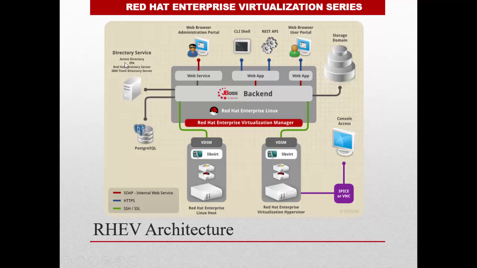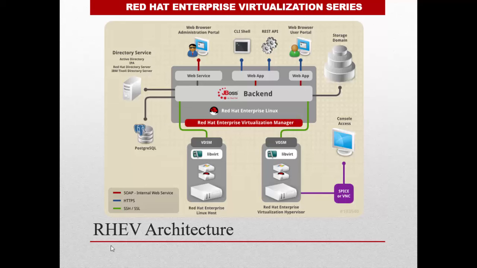Active Directory, IPA, Red Hat Directory Server, and IBM Tivoli Directory Server can all be plugged in for authentication services to your RHEV-M. All four are supported, and it will have a PostgreSQL database where the configurations and all types of configs are saved.